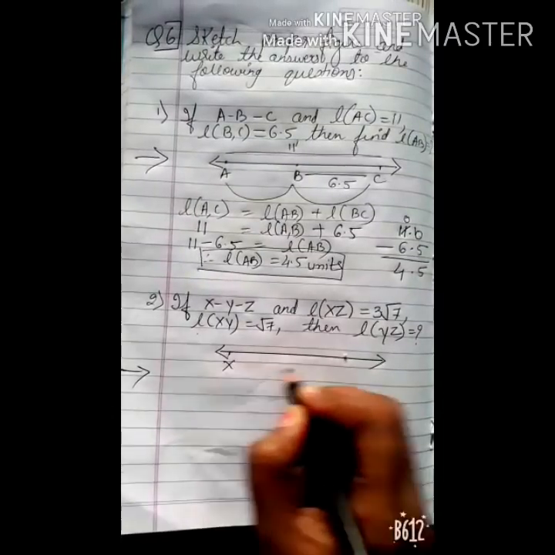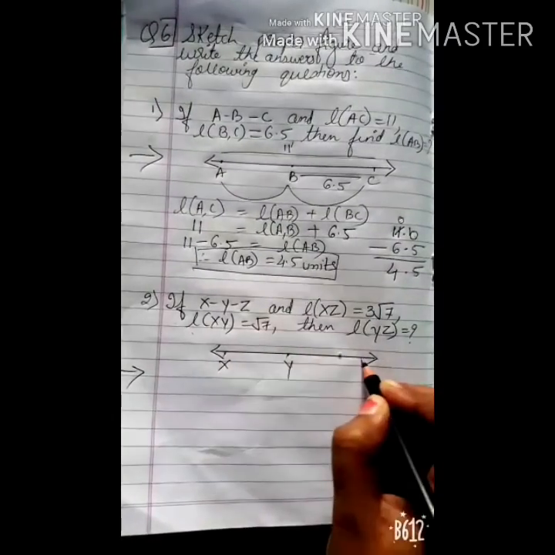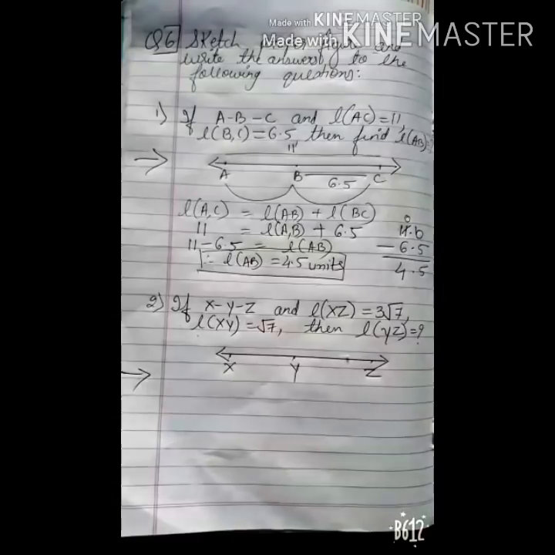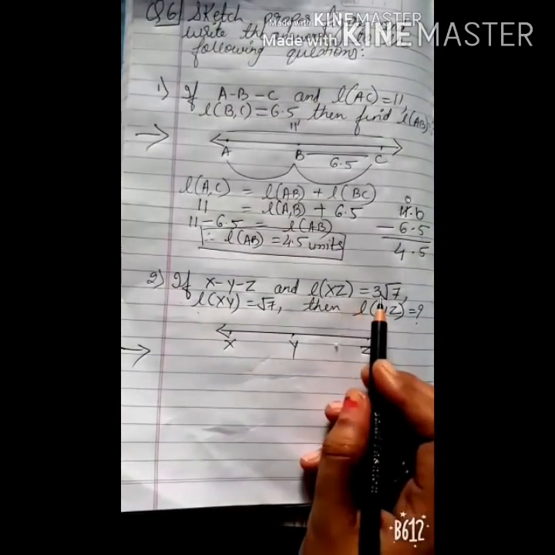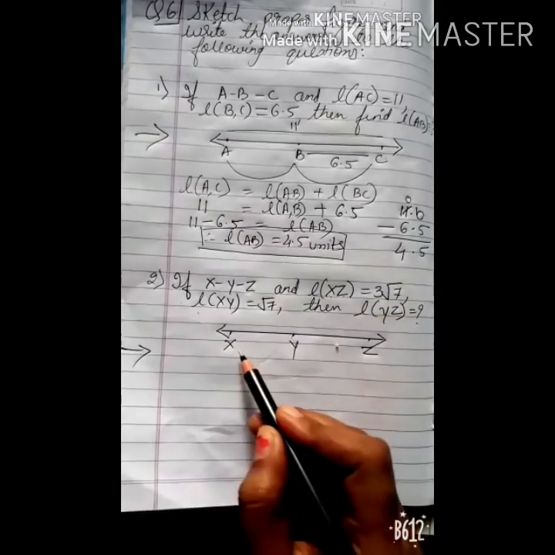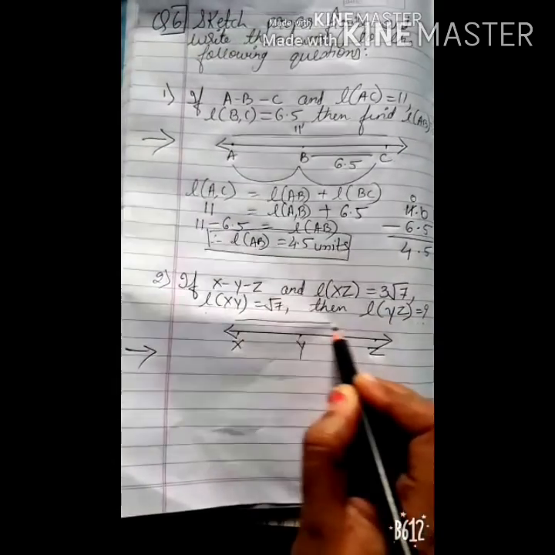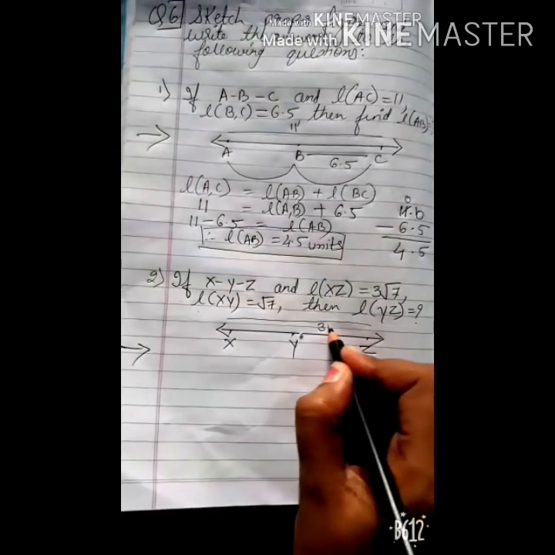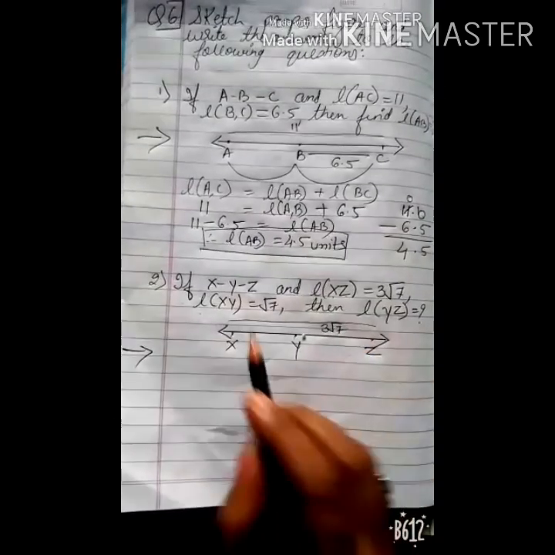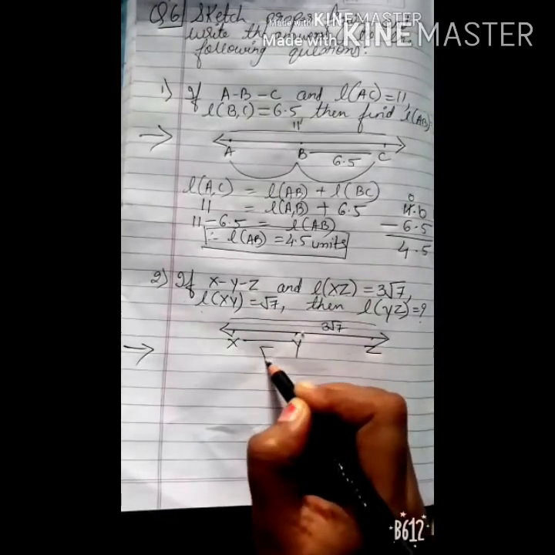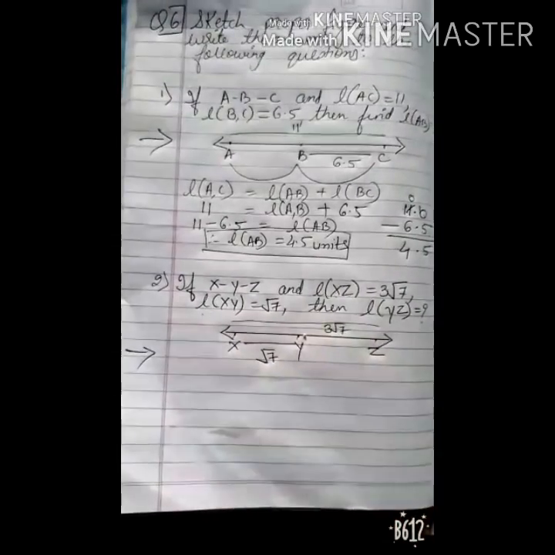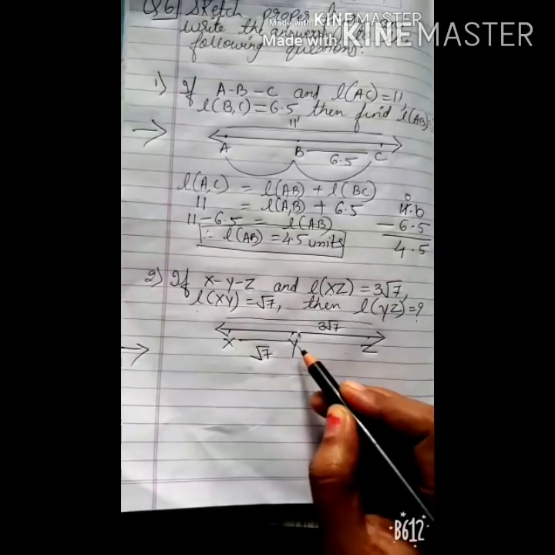This is collinear. Length of xz is given 3 root 7. xz means this full line is 3 root 7. Length of xy is given root 7. We have to find length of yz.